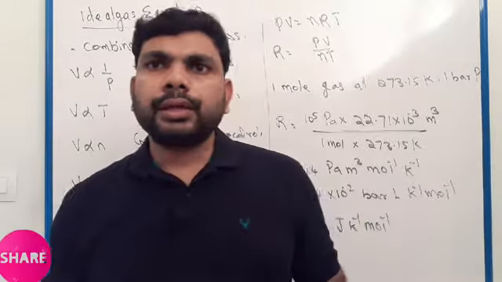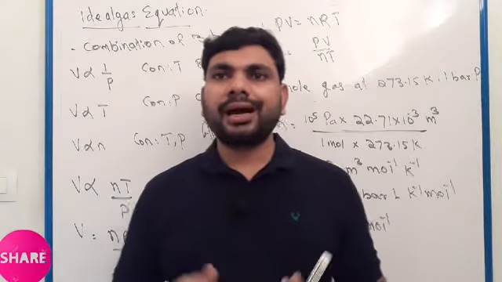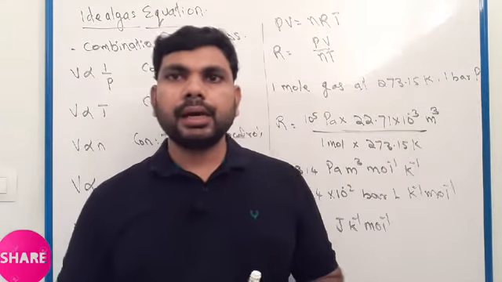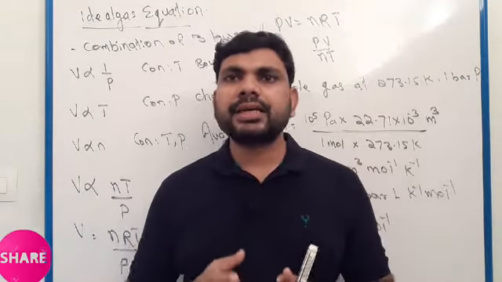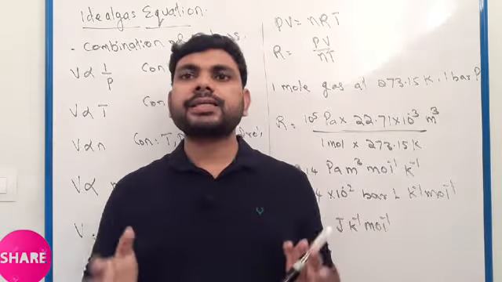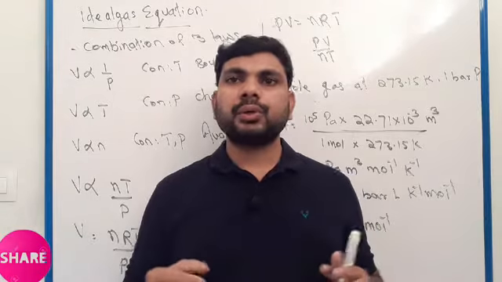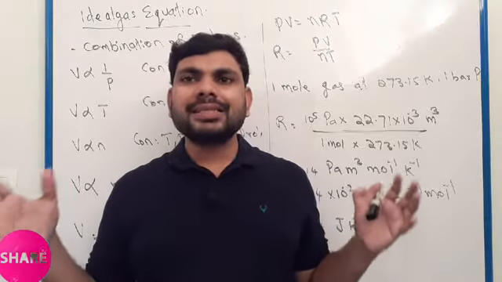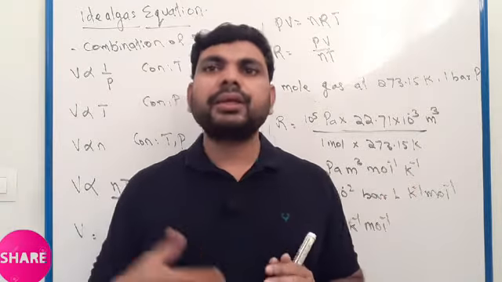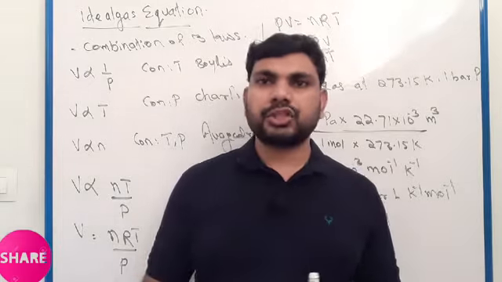Next we have to discuss the ideal gas equation. The ideal gas equation is a combined gas equation of Charles' law, Boyle's law, and Avogadro's law. These three laws combined give the ideal gas equation.